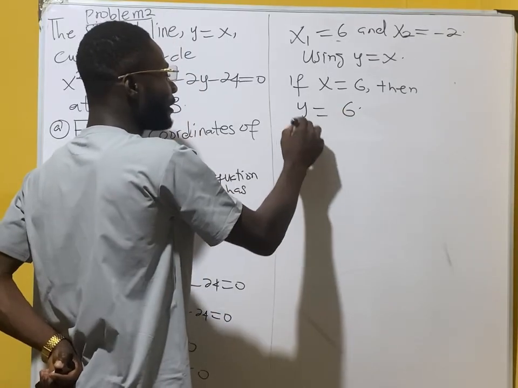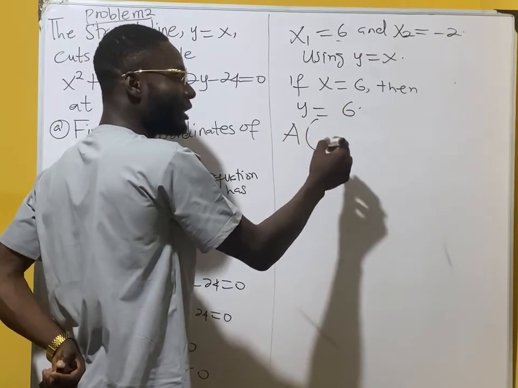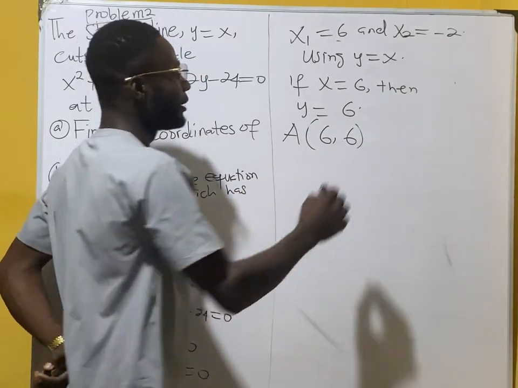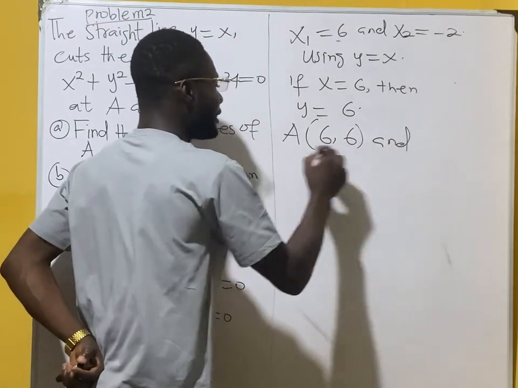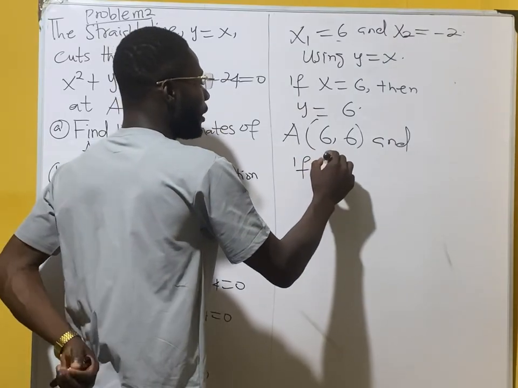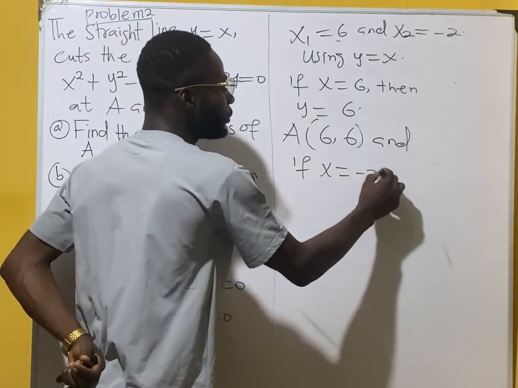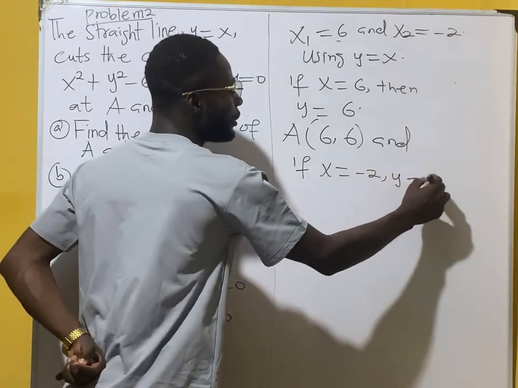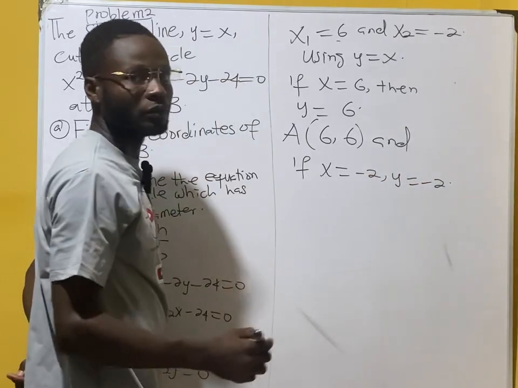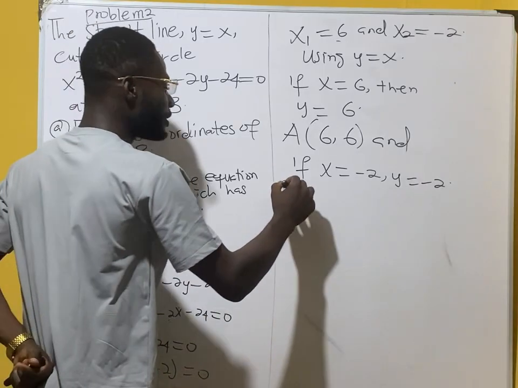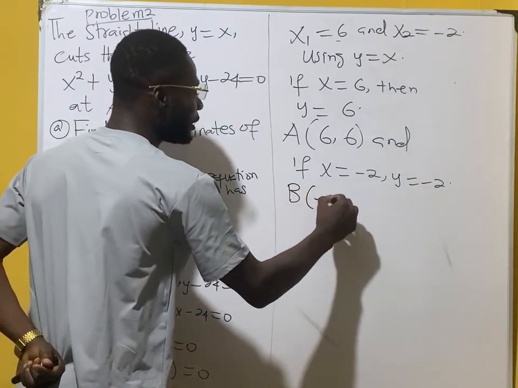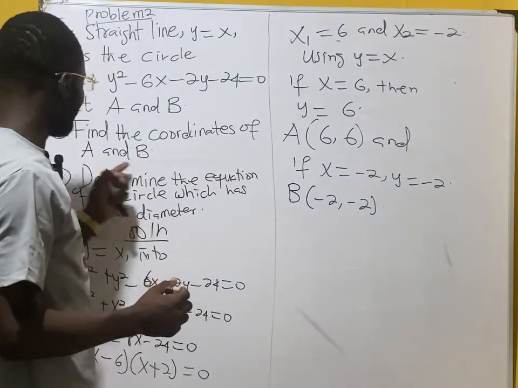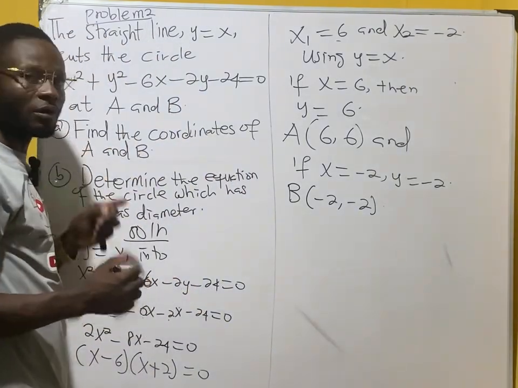So that becomes the first coordinate, and that can be A. So we have 6, 6. And if x equals -2, then our y is also -2. So here we say that the coordinate for B is -2, -2. Okay, so we've satisfied the first part of the question.